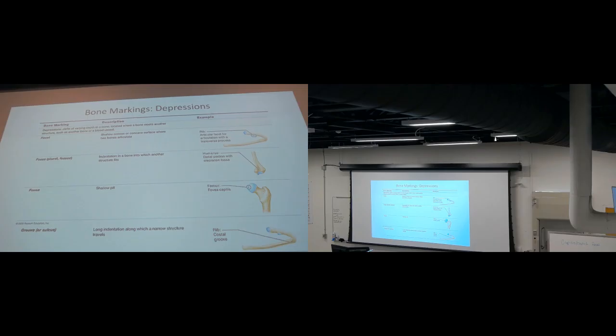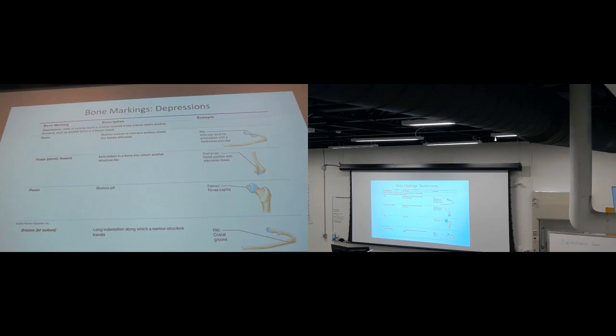So if this was the rib, this is the head, and if this is like the lower border of the shaft, this is lateral and this is medial. And the ribs, the proper name is called costae. It means ribs.